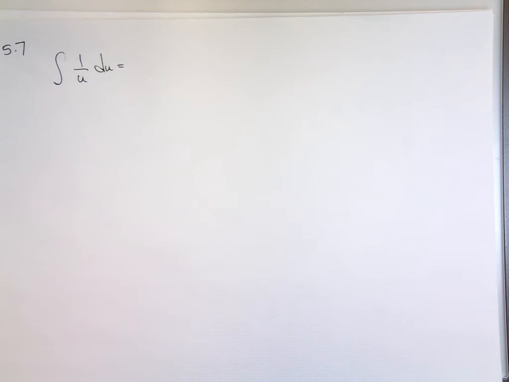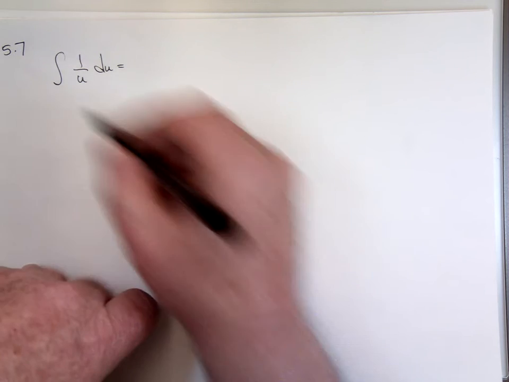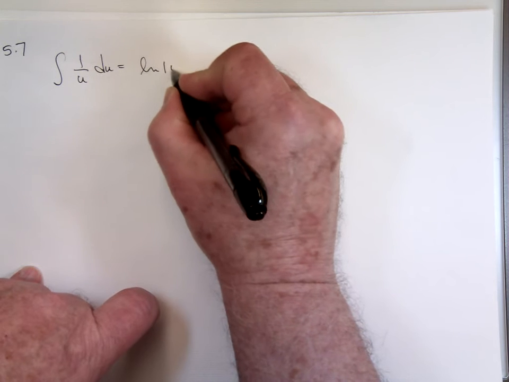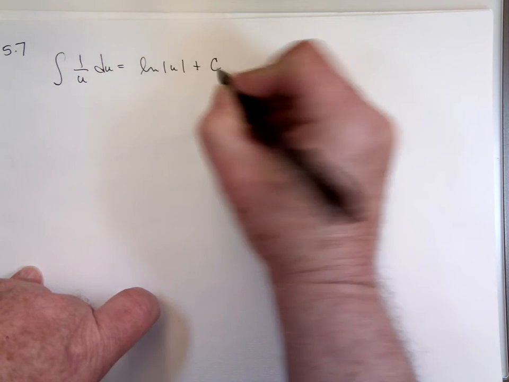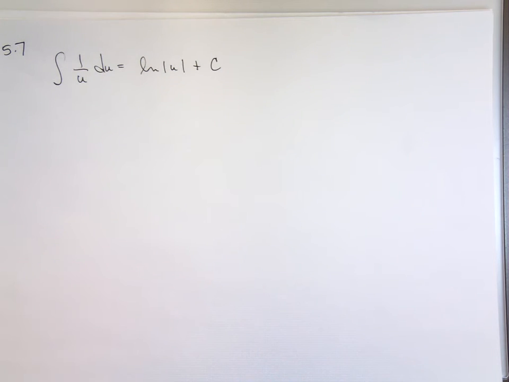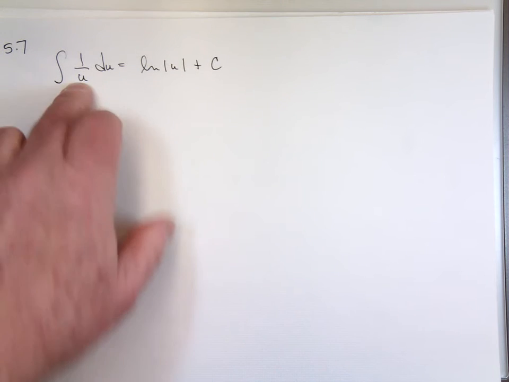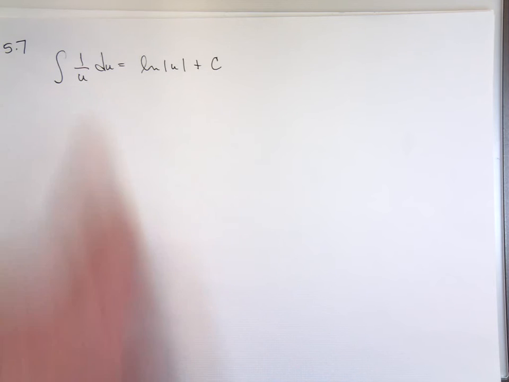We're going to use this to derive a couple more. The integral of 1 over u du is the natural log of the absolute value of u, plus c. That we already have. That comes right from Calc 1. We have the derivative of natural log equal to 1 over u. What we're going to do now is use it to do some other integrals we haven't done yet.